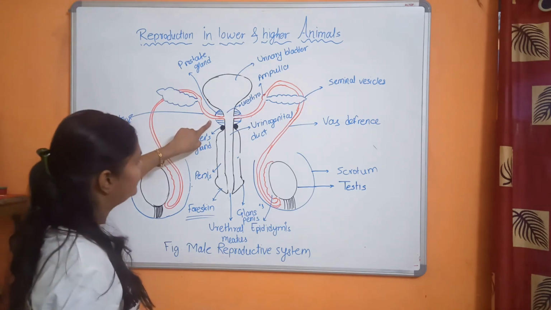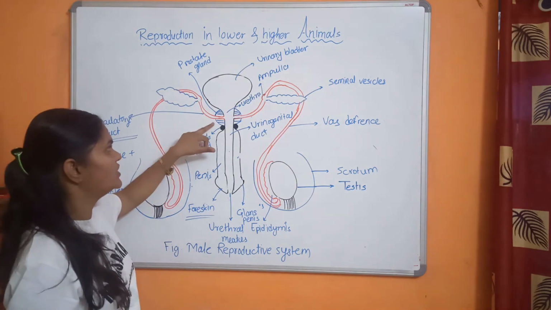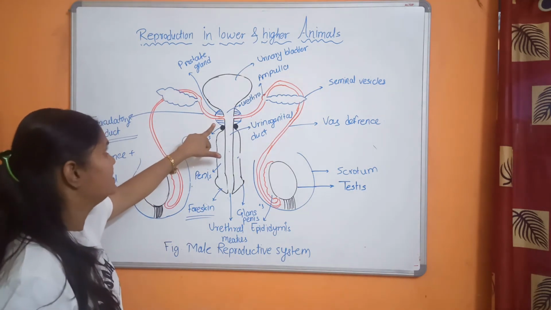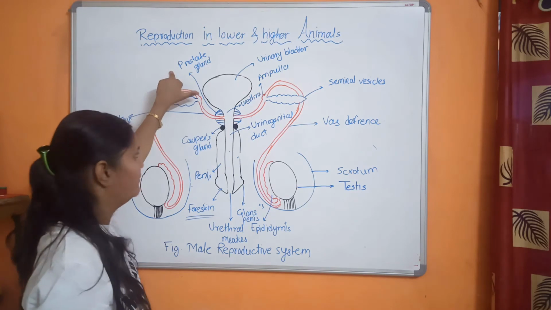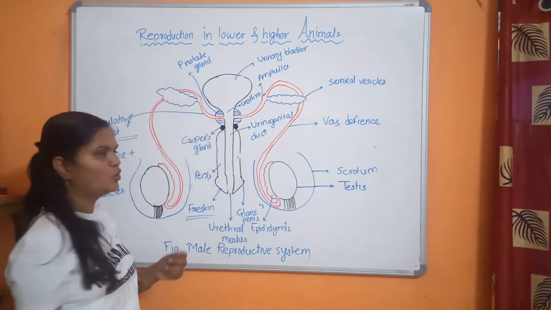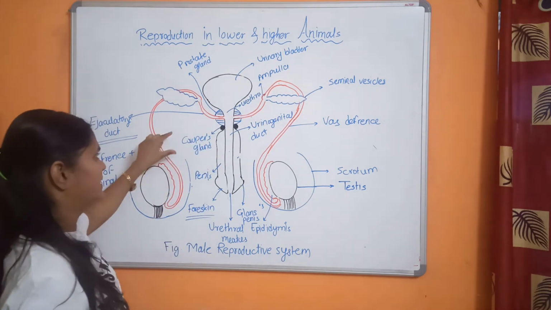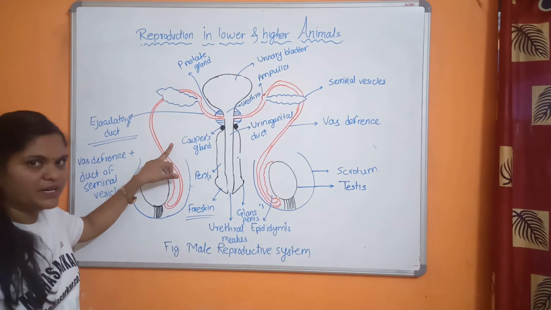This ejaculatory duct opens near the donut-shaped gland, called the prostate gland, which is 1 in number. Below the prostate gland, one small P-shaped gland is present, called Cowper's gland.